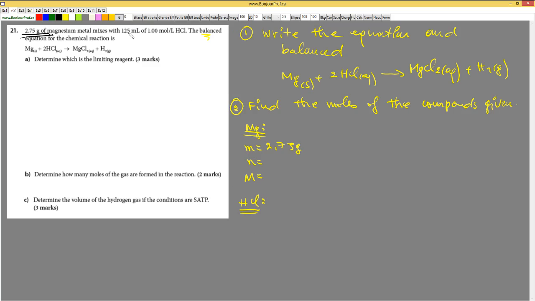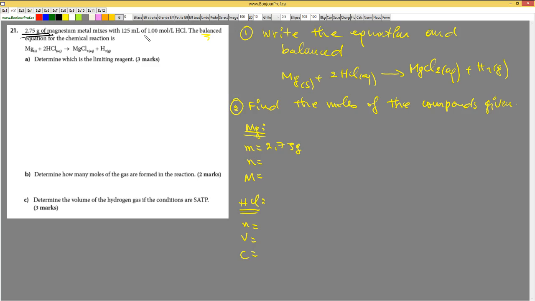The volume, 125 milliliters. So I have n, volume, and concentration. These three always go together: the number of moles, the volume, and the concentration. And these three always go together: mass, number of moles, and molar mass of magnesium. Understand?